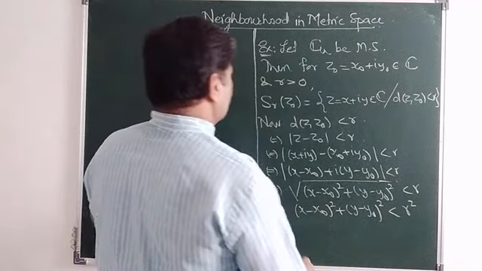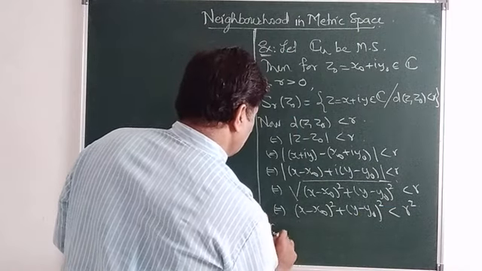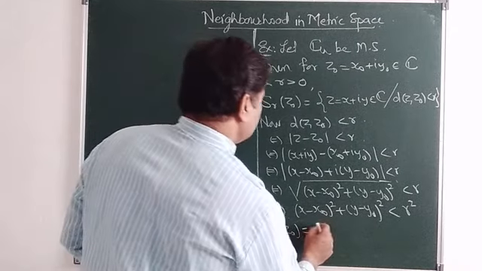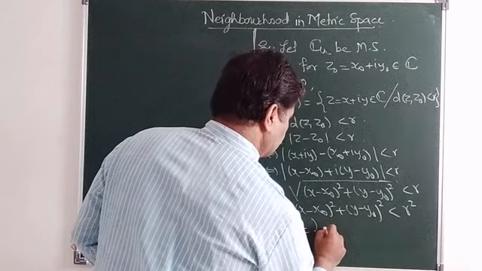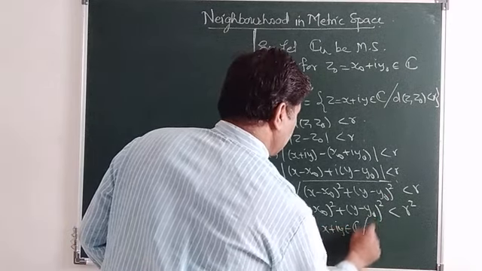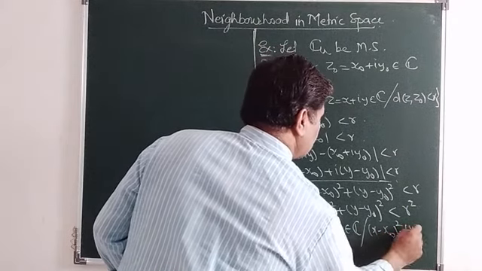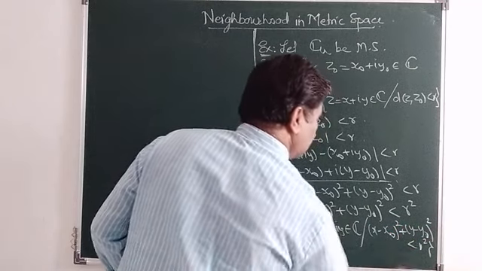And therefore S r of z naught, what is this? This is the set of x plus iy belonging to C such that x minus x naught square plus y minus y naught square is less than r square. What is this?